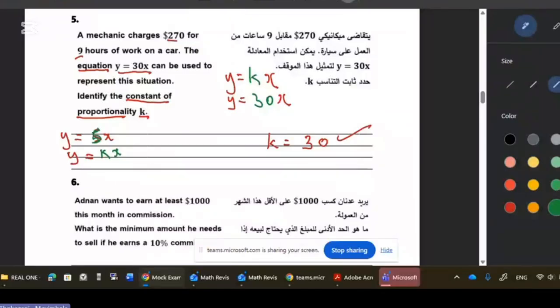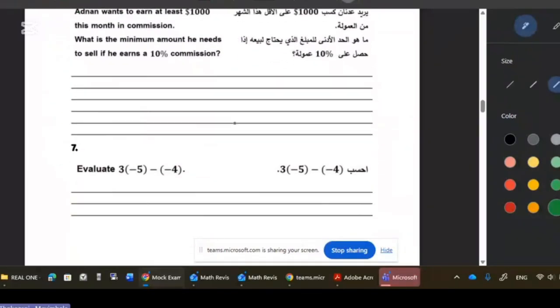This 5 will be your k. I hope I'm making sense. Right? So your answer can be in this one here, k is equal to 5. Remember, I'm just giving you an extra example here. All right, so your k will be equal to 5. I hope this makes sense. Okay, let's move on to number 6.